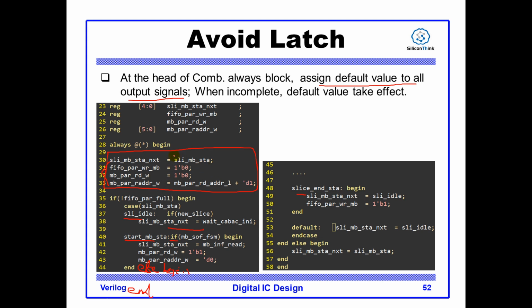Then in the code below, you can just update the signals that may change value for this situation or this branch.